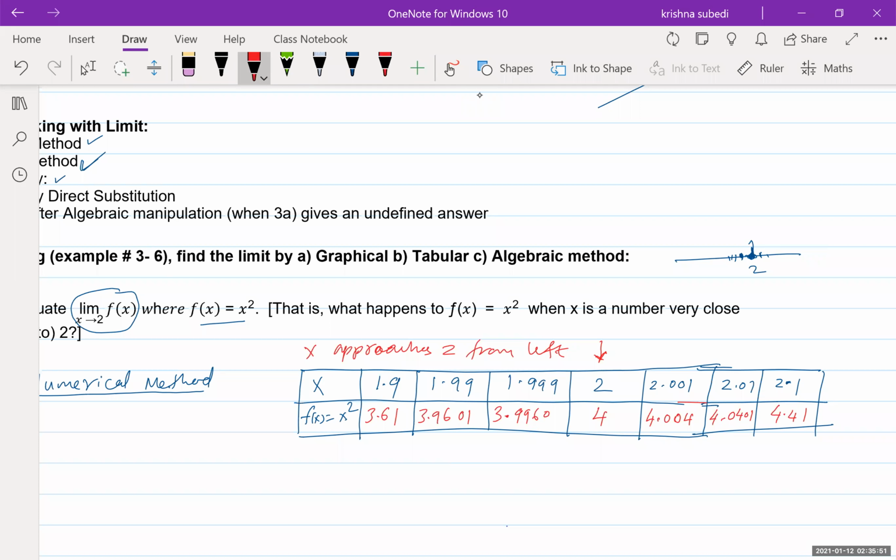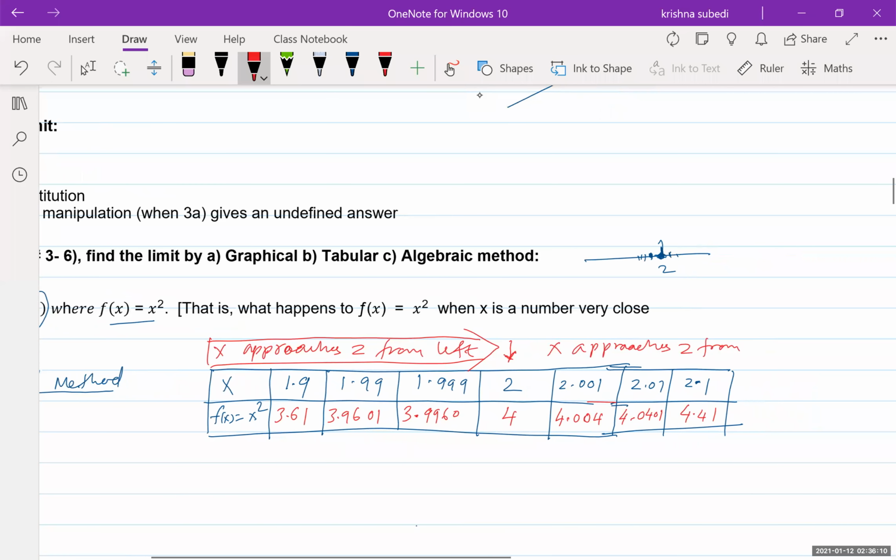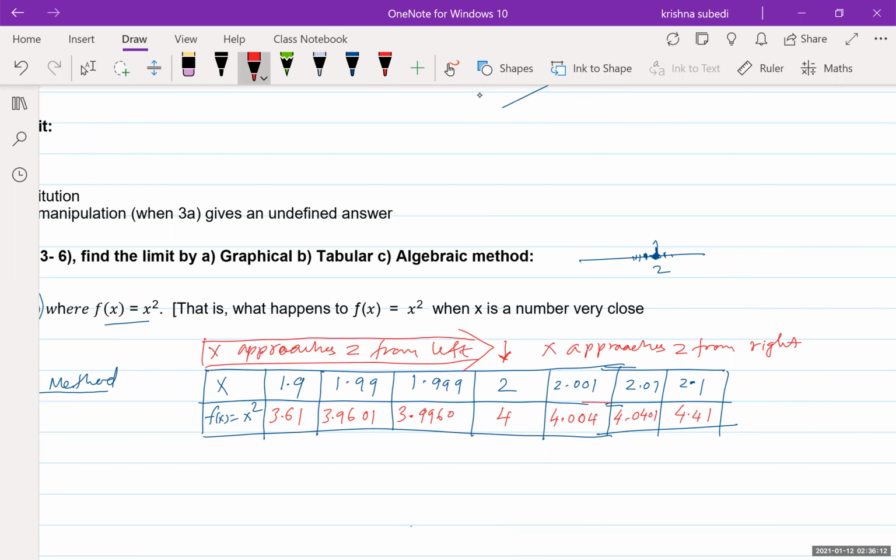And on this side, x approaches 2 from the right.